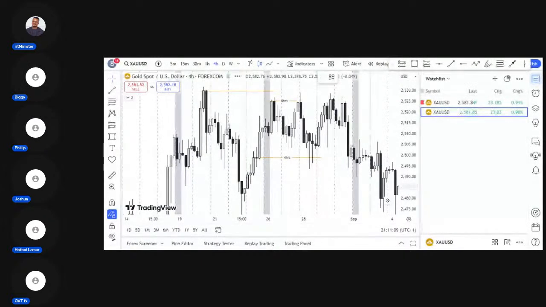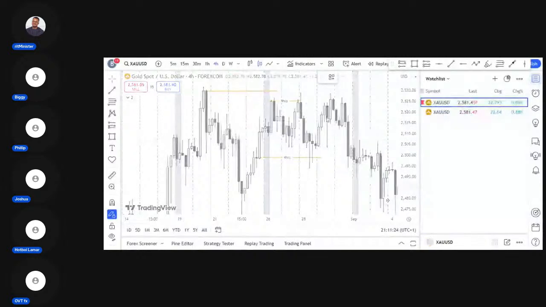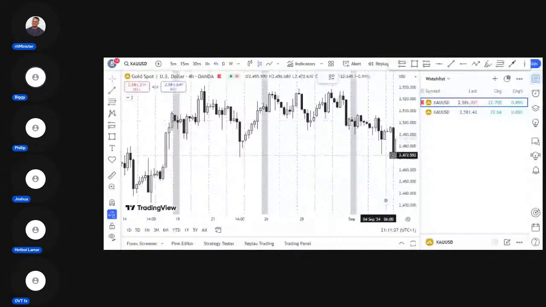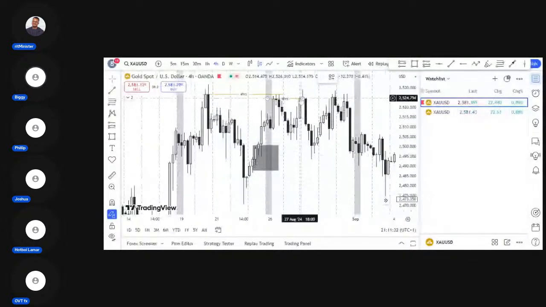All right. So you can see that on forex.com, the zone was not violated. The price came to this zone, and then I looked for my entry, and then I took the sell. But you can see that on Oanda, it showed that the zone was actually violated by this candle closing above.